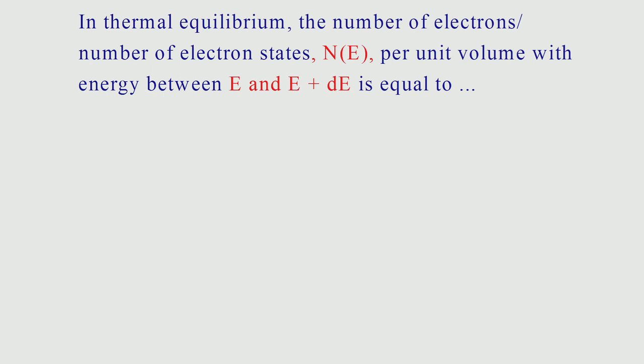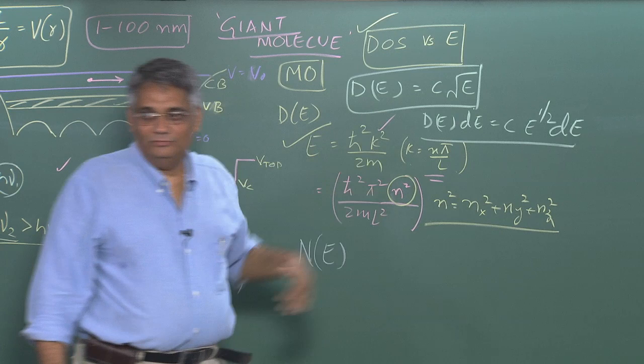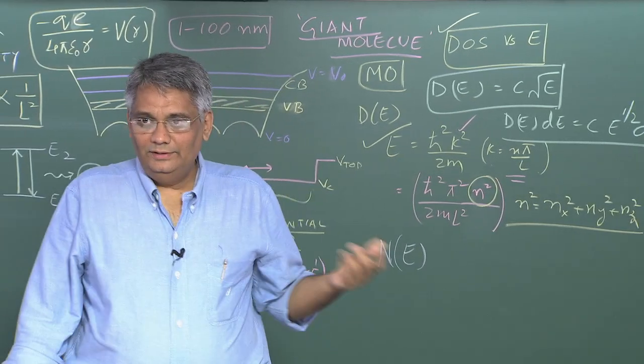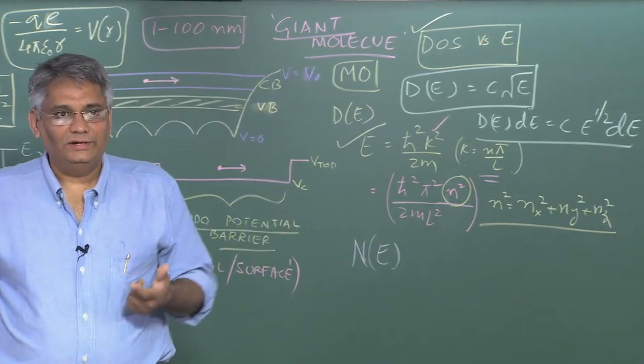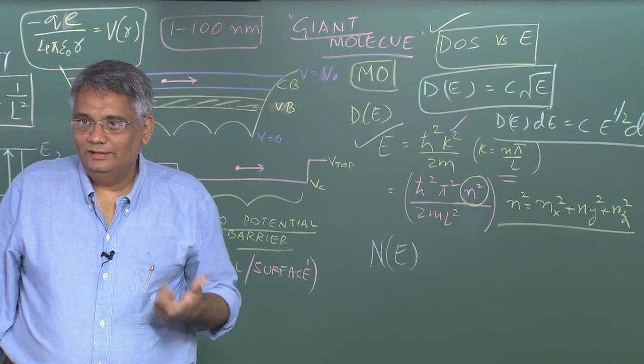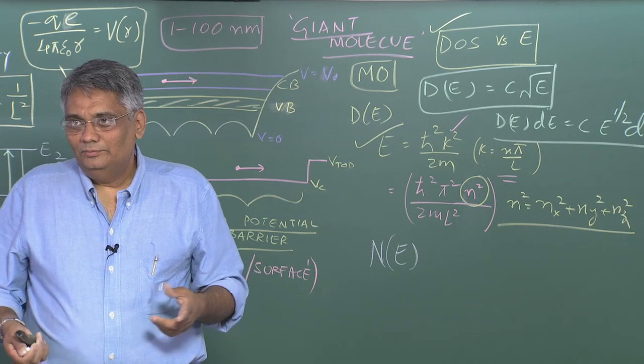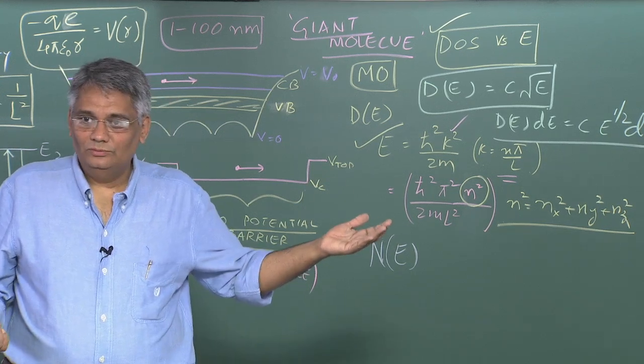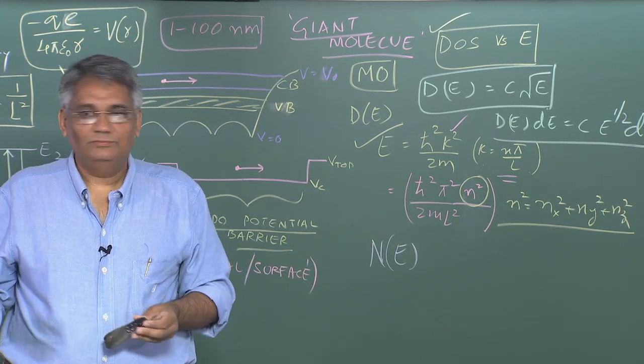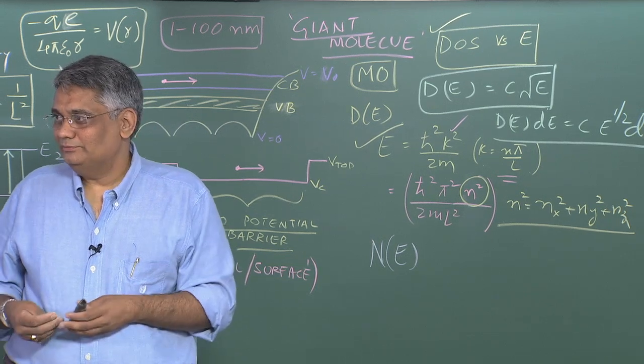So, the actual number of electron states is given by Ne. Now, this Ne can be obtained very easily. You have dE there, the number of allowed states. The total number of electron states within this energy limit E and E plus dE can be easily found, because now we also know the electron distribution function, the Fermi-Dirac distribution function.